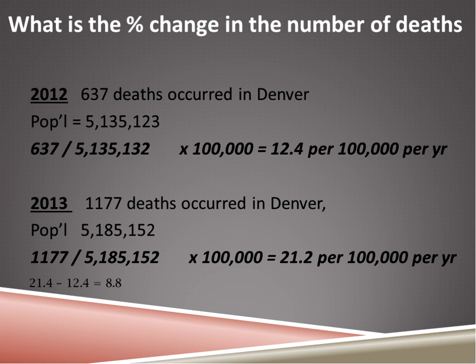And then we take our difference in our incident rates and we divide it by our 2012 number, because we're going from 2012 to 2013, so we want to see the difference, and that's why in the subtraction we take the first number's incident rate and we put it at the bottom, and we find out that there was a 70% increase in the incident rate from one year to the next year.